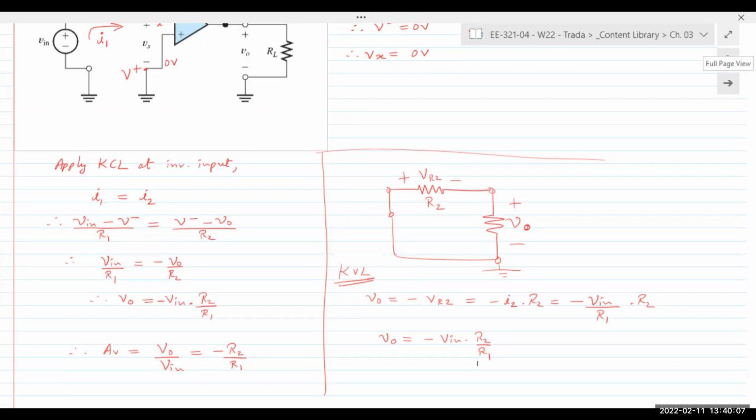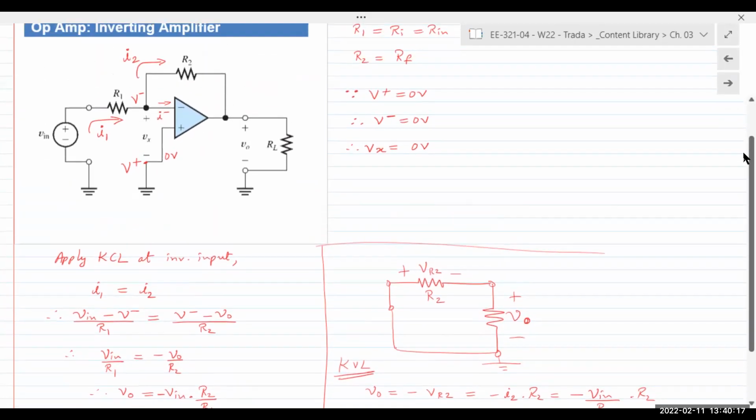So when they meet at the node where negative VI, where does that come from? Right here. So it's not going into the op amp. So we say I negative is 0, and so we can say I1 is equal to I2. Again, we are analyzing an ideal op amp.